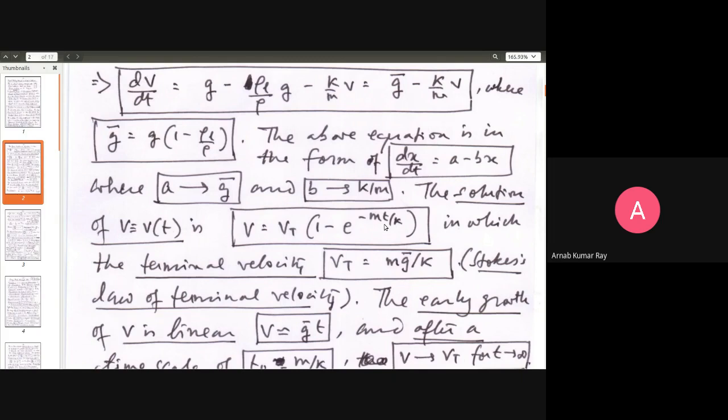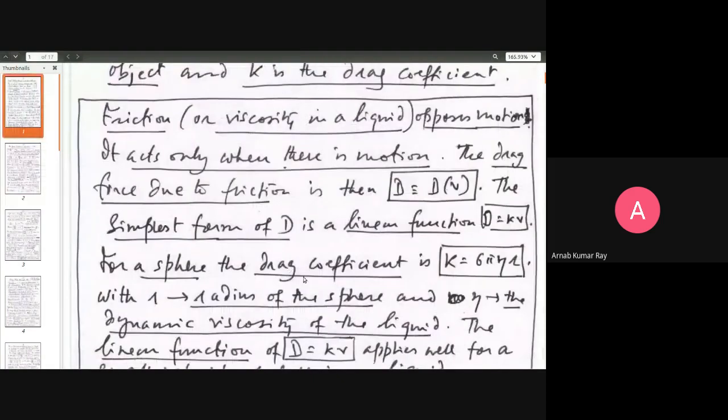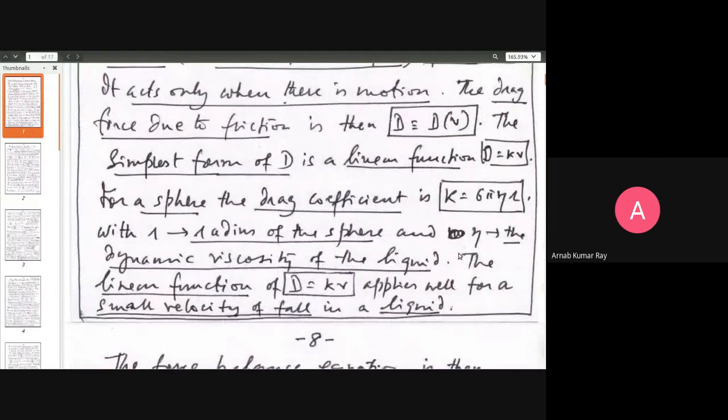Okay, so now you have the terminal velocity. This is known as Stokes's law of terminal velocity. It was Stokes who studied this problem for a spherical object falling through a long liquid column, so this formula was derived by Stokes.